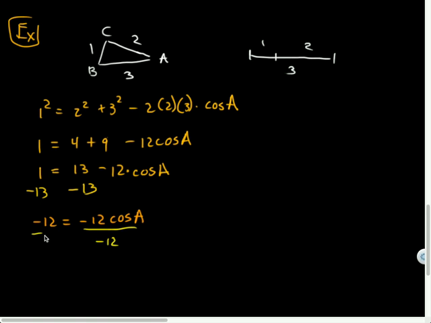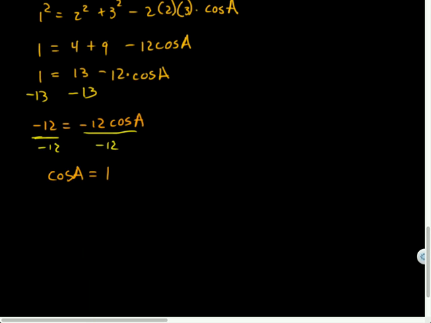Divide both sides by negative 12. So I would get cosine of A is equal to positive 1. And then I would have to cosine inverse both sides, right?